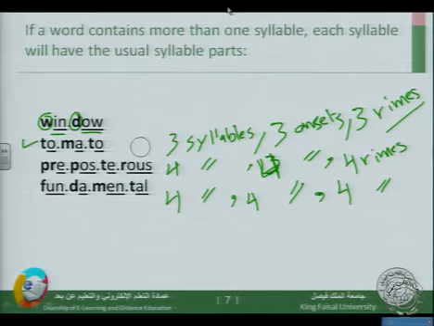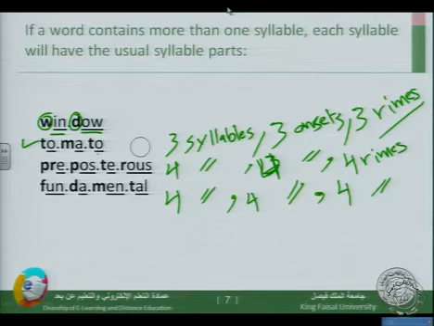Now we start to understand a little bit what we mean by syllable, and also what the parts of the syllable are, which are onset and rhyme, and what onset and rhyme basically mean. So hopefully you get the main ideas now.